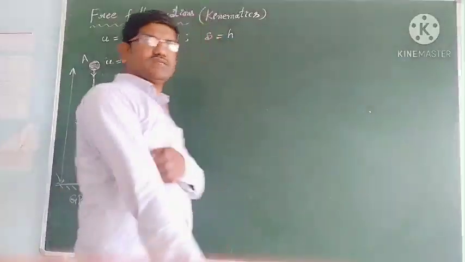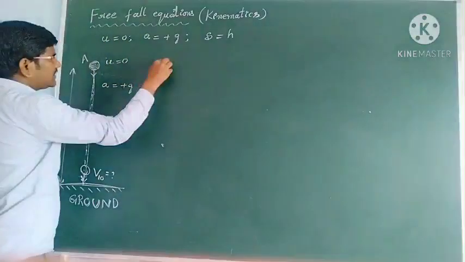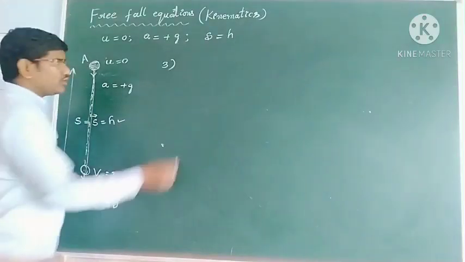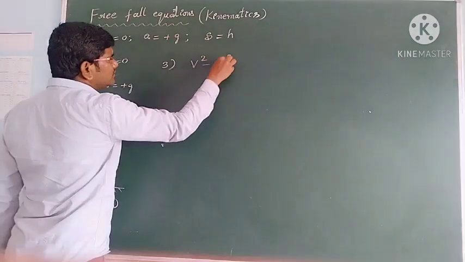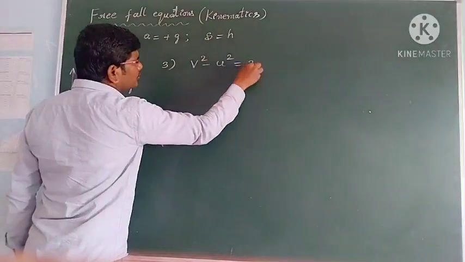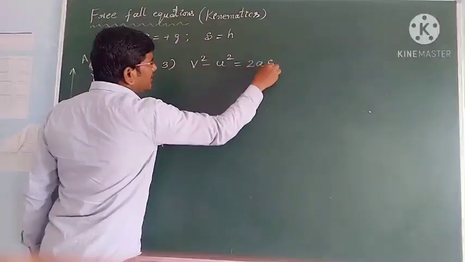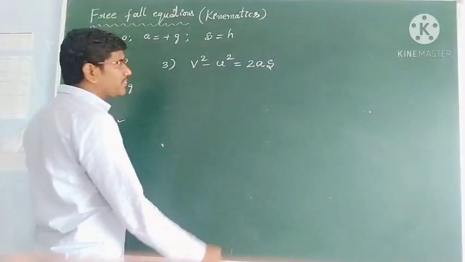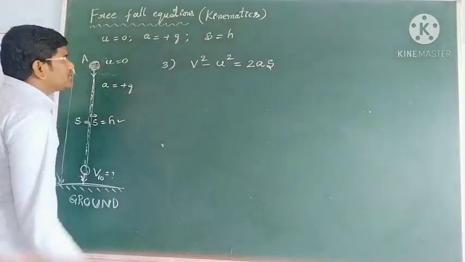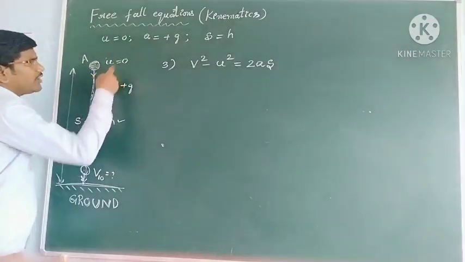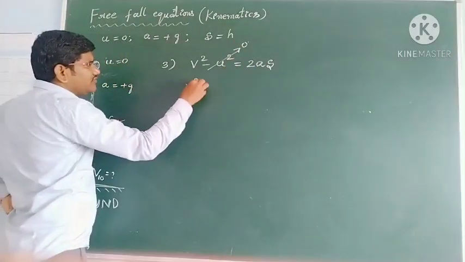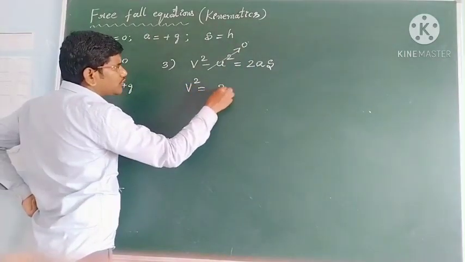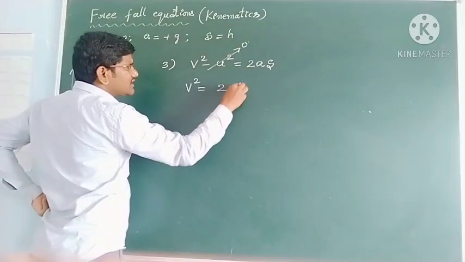Okay students, similarly you see the third equation. What is that students? v square minus u square is equal to 2as is the equation. You are dropping a freely falling body, u is 0, so the u square term is 0, then v square is equal to 2 into a value g, s value h.